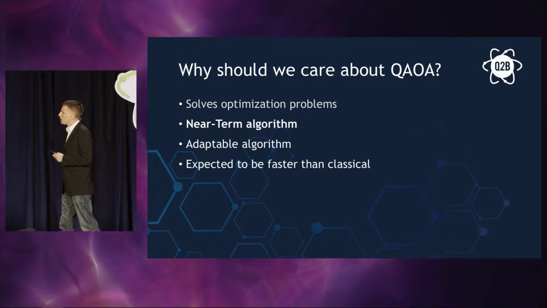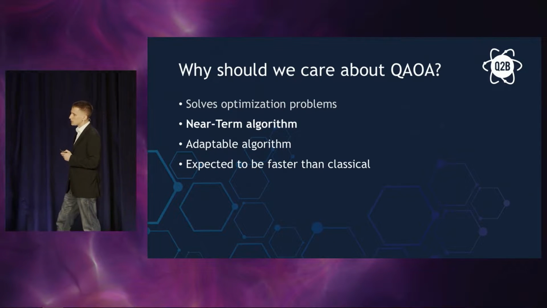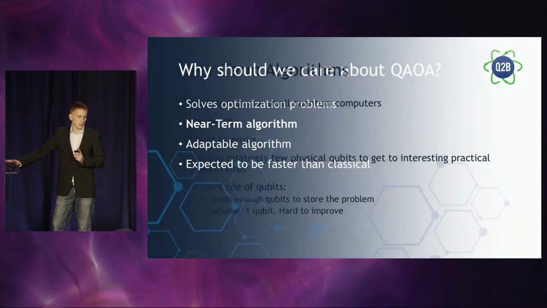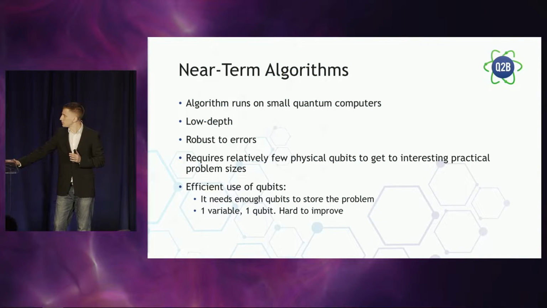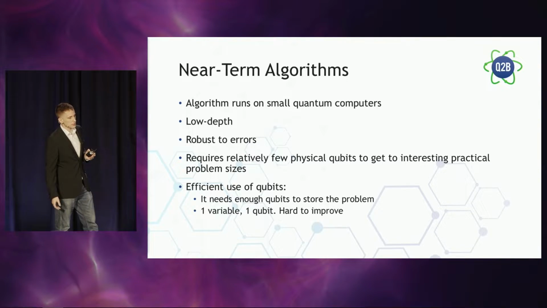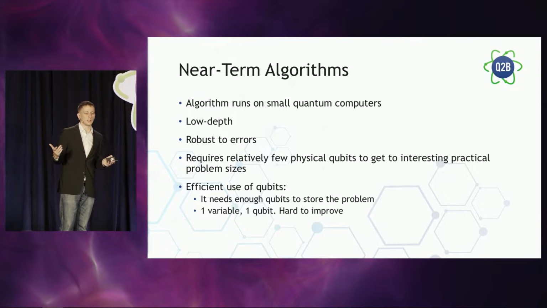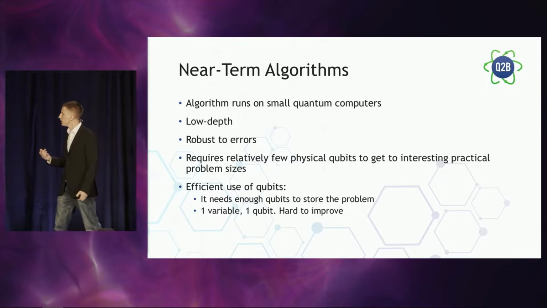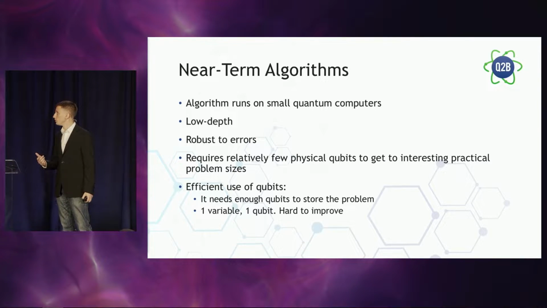Second point, it's a near-term algorithm. We have discussed in previous sessions what near-term algorithms are, but let me reiterate and say, what is this all about? So near-term algorithms run on small quantum computers. They are low depth, which means that the qubits that we are using shouldn't need to be very coherent. We don't require much coherence to make this algorithm run.